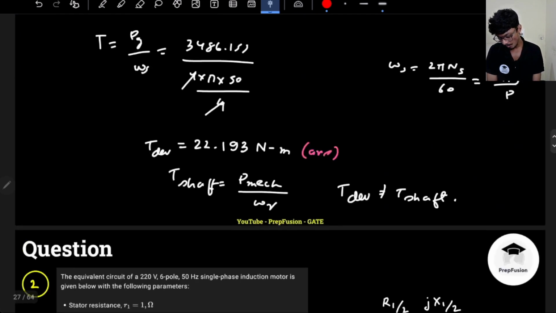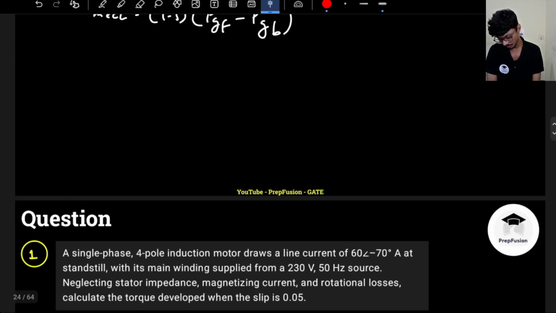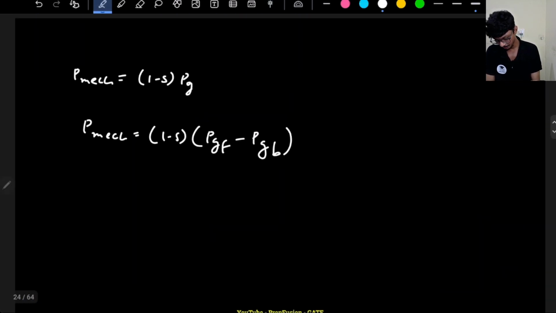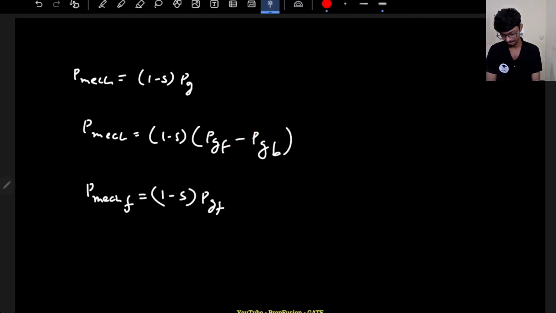So I can write over here P mechanical due to forward. P mechanical due to forward will be 1 minus S into PGF. But you might have a doubt, sir, how the negative sign is coming over here. So what is P mechanical due to backward field?